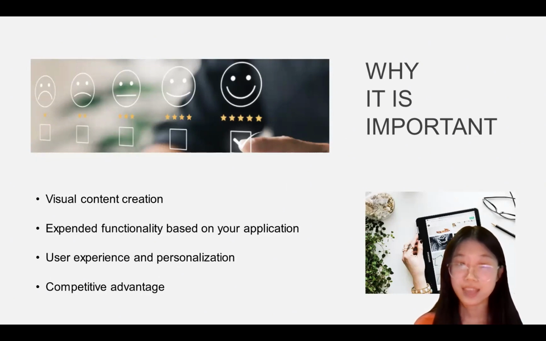It also enhances user experience and functionalities. Users can engage with the app in various ways. They can capture videos, photos, scan barcodes, or use augmented reality, AR, and so on.